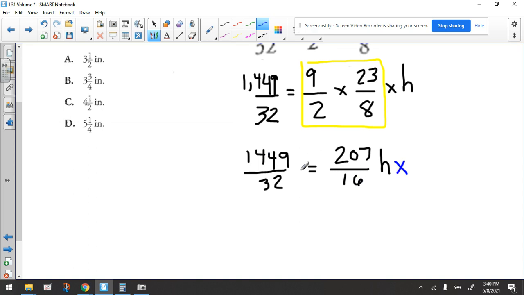And why are we choosing this instead of this to use the reciprocal of? It's because it's next to the variable. You always want to ask yourself, what's happening to the variable and what's the opposite of that? So the opposite of multiplying by this is to divide, which is the same thing as multiplying by its reciprocal. So we're going to put the reciprocal of the coefficient on both sides of this equation. So I'm going to put it over here as well.